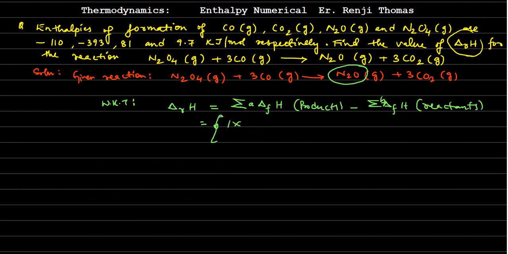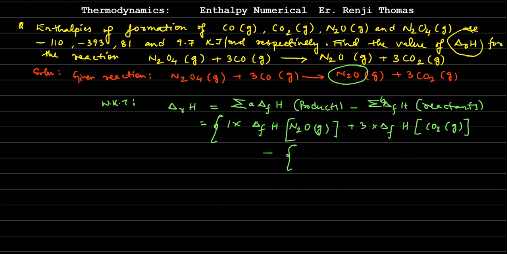So we write 1 into delta FH of your N2O gas. All right, and you're going to add it with the 3 moles that is present over here. 3 into delta FH, which you know means enthalpy change of formation of CO2 gas, and then you're going to subtract it because there's a minus sign over here.